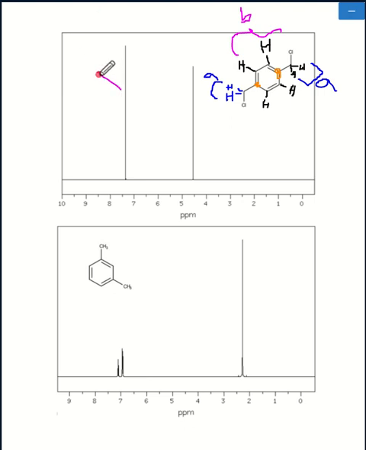Therefore, this single peak is for the 4 hydrogen in this ring. Now get labeled B based off of how I determined to label it in the structure. And then the only peak left over, well, that would be for the hydrogen environments labeled A.